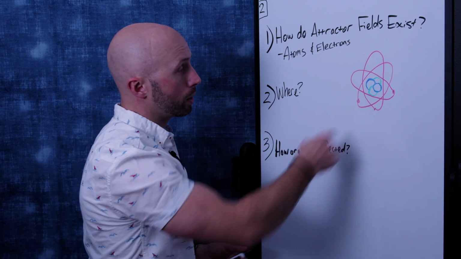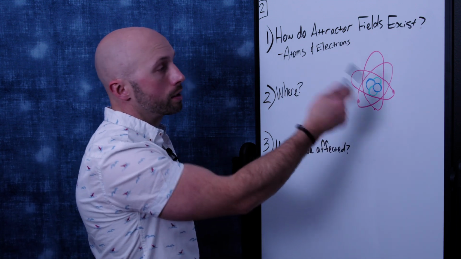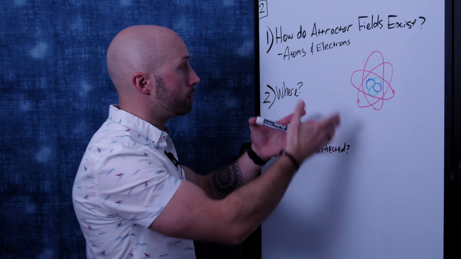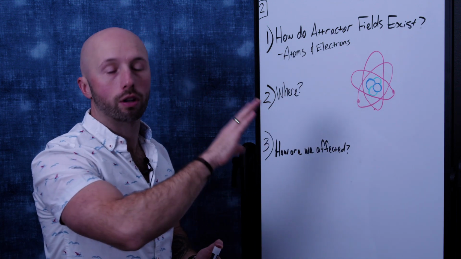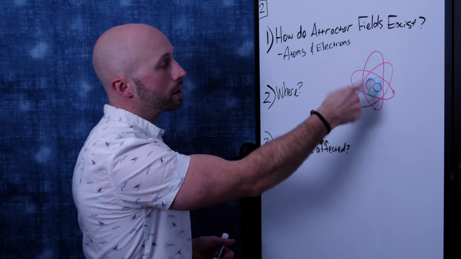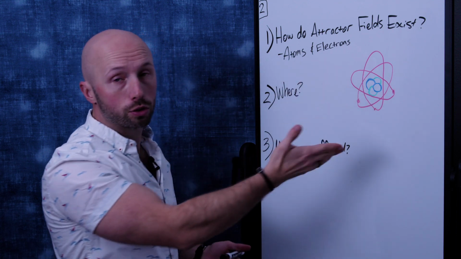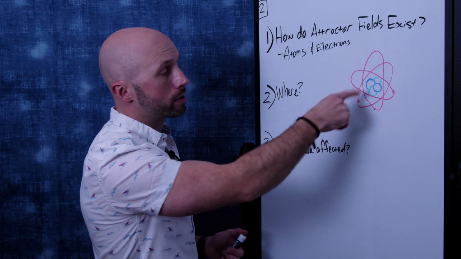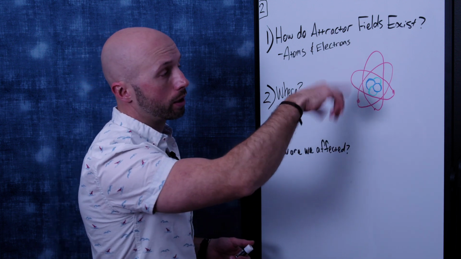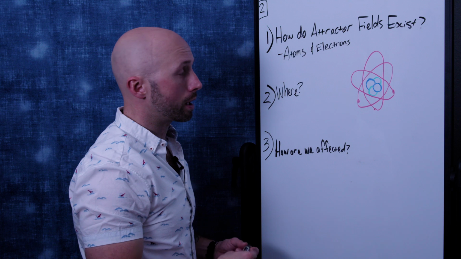And this picture right here is what we historically think about. This is what we historically picture an atom to look like. We imagine that we've got the protons and the neutrons in the middle, and then the electrons flying around on the outside.